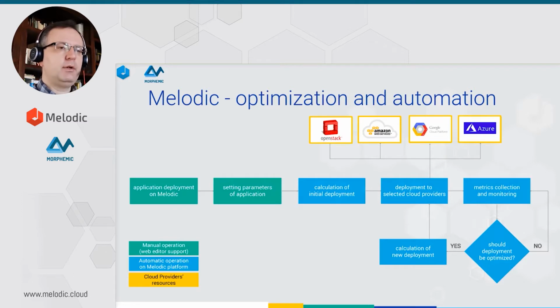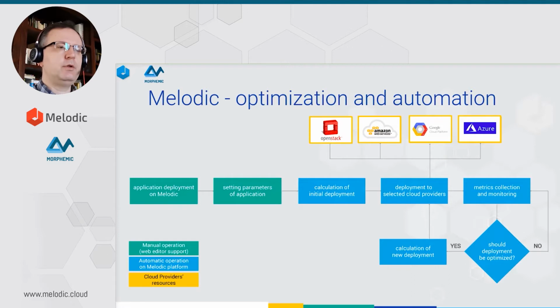Thanks to that, Melodic is continuously optimizing applications to adjust them to the current workload. So it doesn't need to be done manually or through a predefined set of rules. It is done completely automatically. Melodic is using very advanced optimization algorithms.